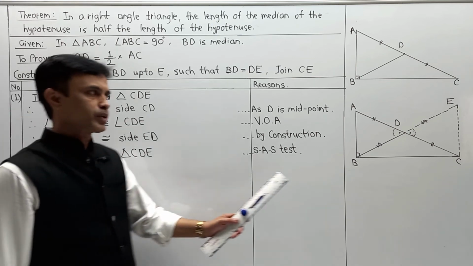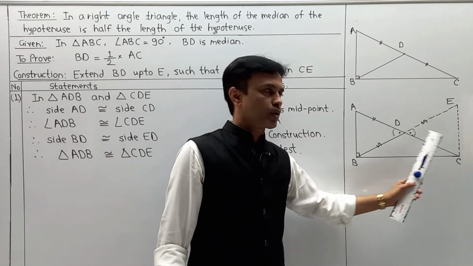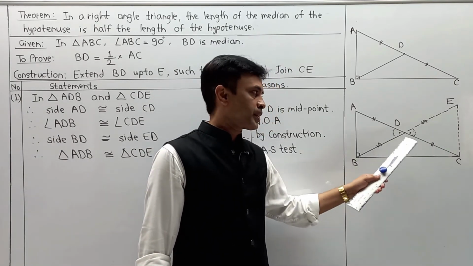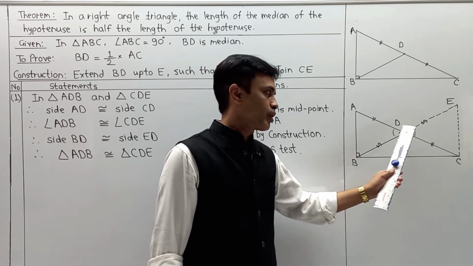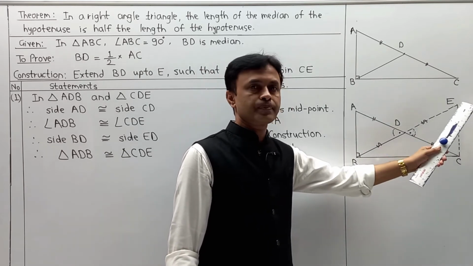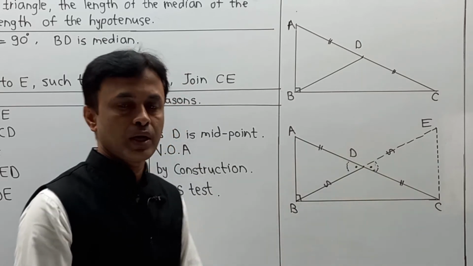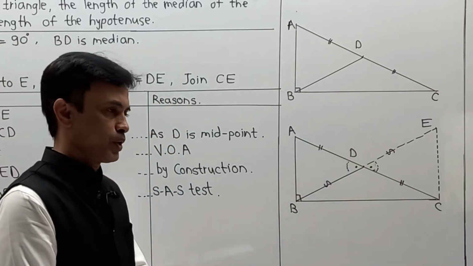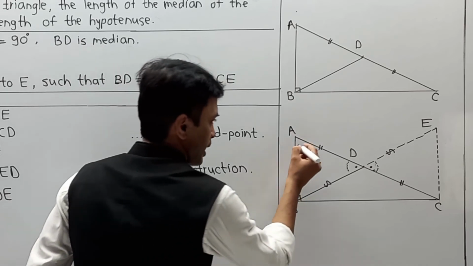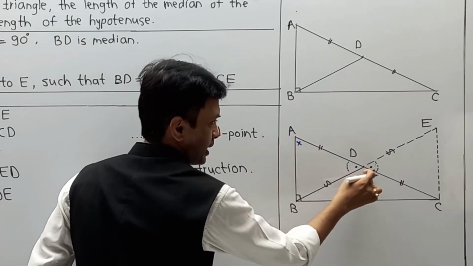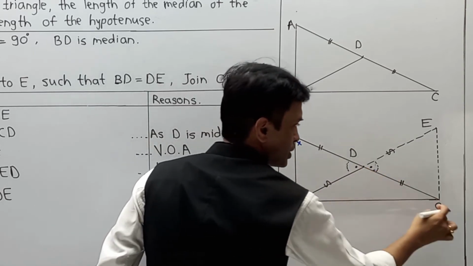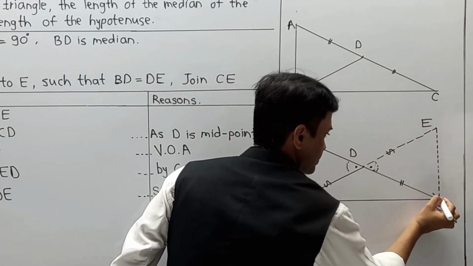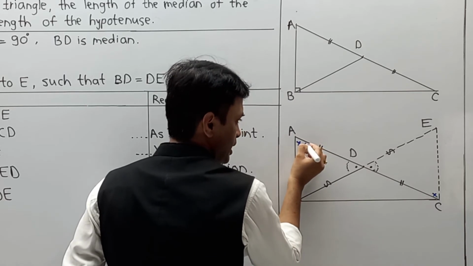Now coming to the part over here, if these two triangles are congruent, then we can also write angle DAB is congruent to DCE. Now I am going to indicate this part over here. Angle DAB is congruent to DCE. I am talking about this angle now.